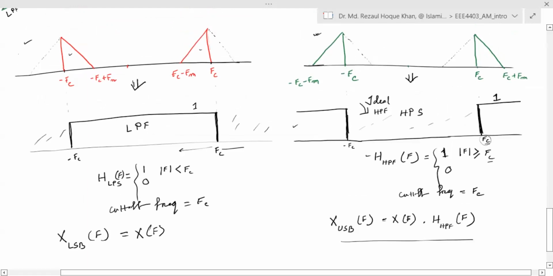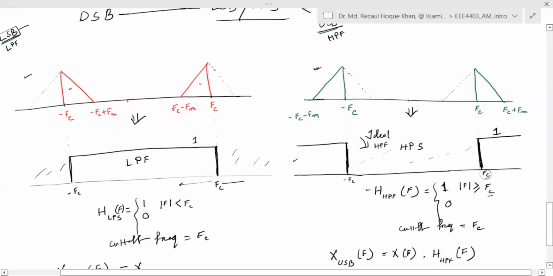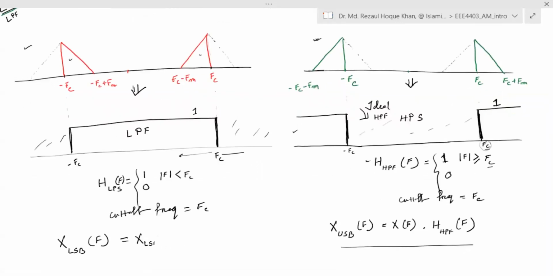Okay, we can make a little trick here to make it clear. We can say this is X LSB of f into X H low pass filter of f.